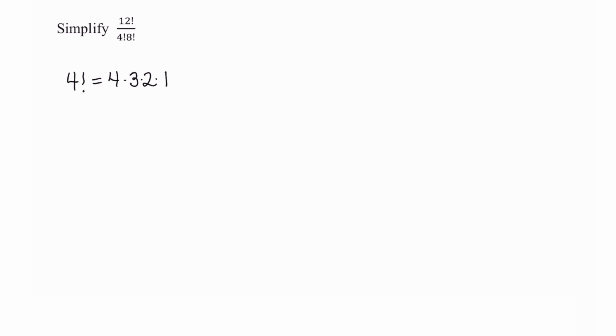And then in the denominator, I see the one that has the bigger start number. So between 4 factorial and 8 factorial, the 8 factorial would. So what I want to do is I want to take that 12 factorial and multiply it until I hit the same number as that larger factorial in the denominator, so that 8, and then just write 8 factorial.